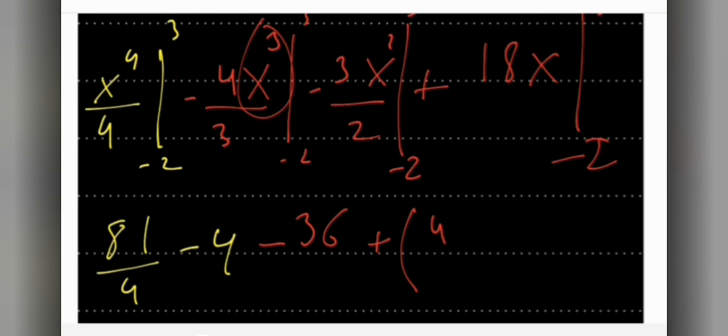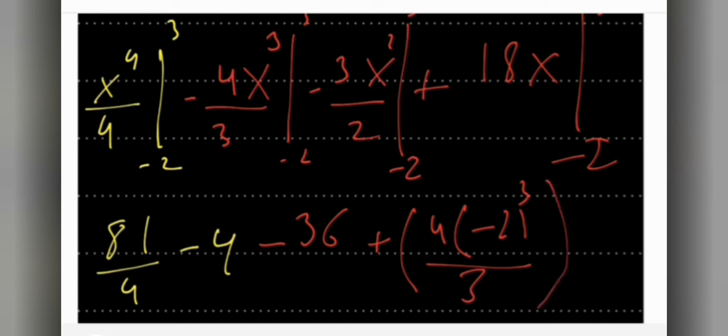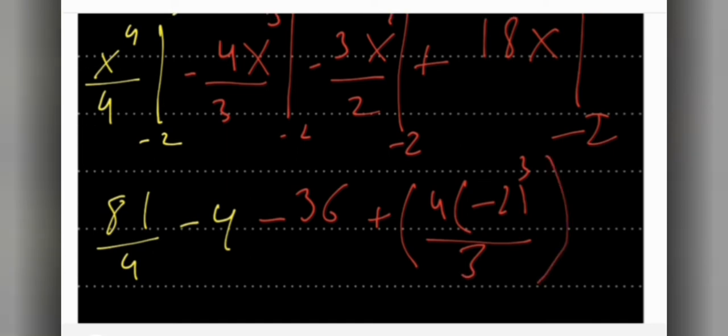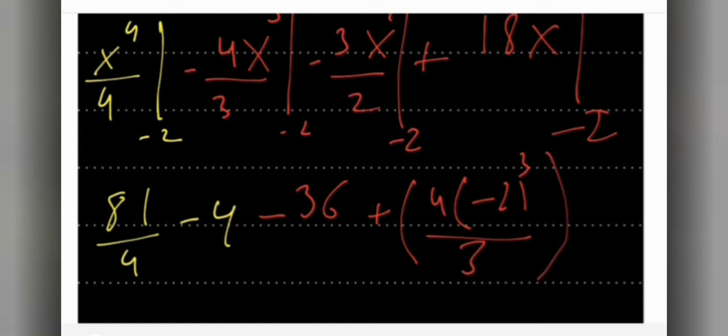So we have over here 4 multiplied by x cubed. Now x cubed is minus 2 cubed divided by 3, right? So divided by 3, and now minus 2 cubed is going to be minus 8. Minus 8 multiplied by 4 is minus 32 divided by 3, right?